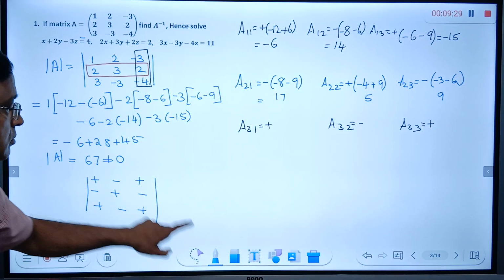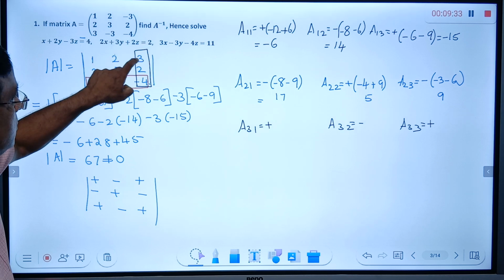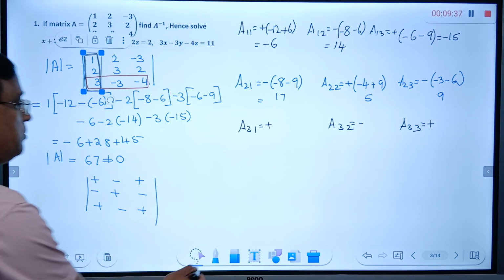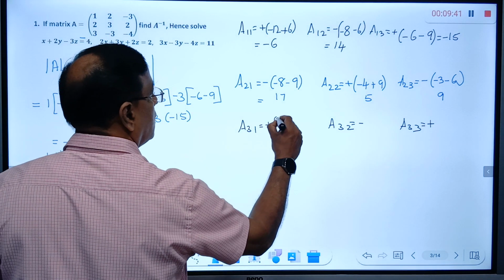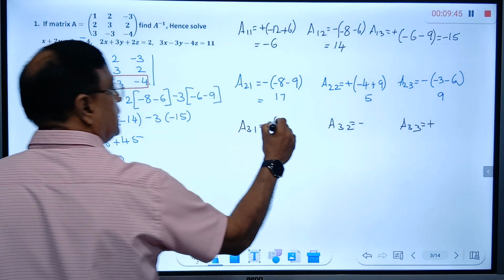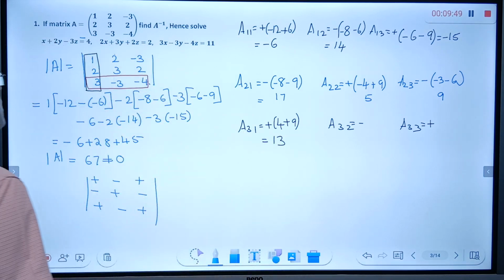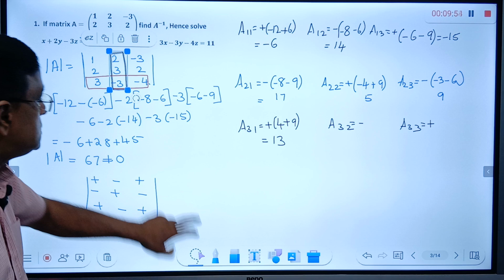Now what should I do? Bring this row to row 3. Bring this column to column 1. Omit that row, omit that column. What do you get? 4 minus of minus 9, that is plus 9, which is 13. Then shift this. What happens?